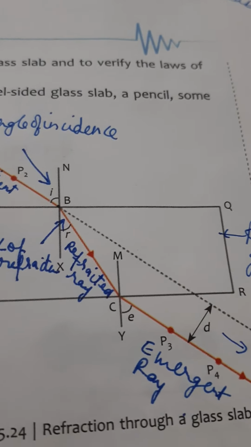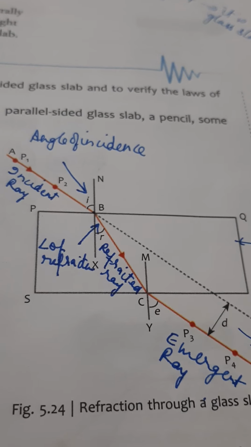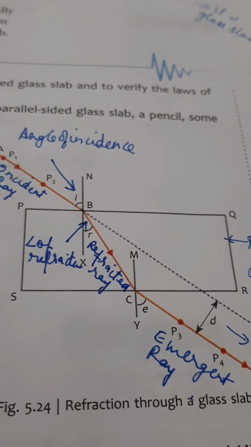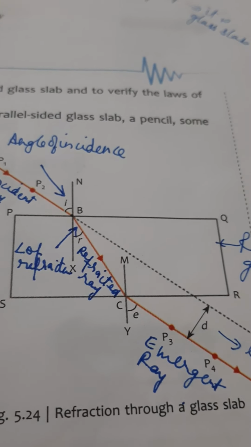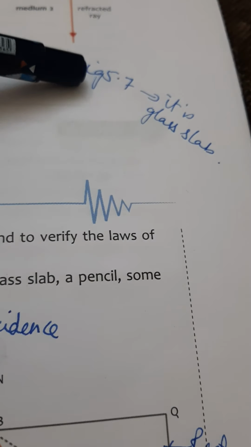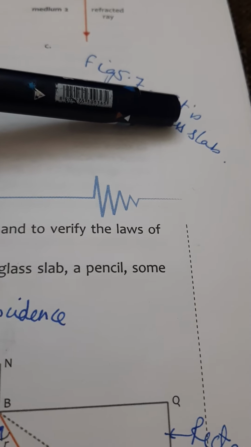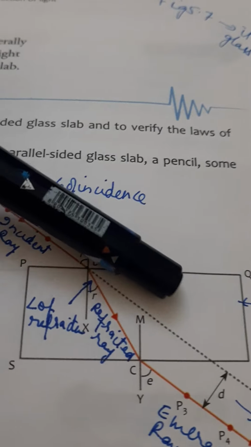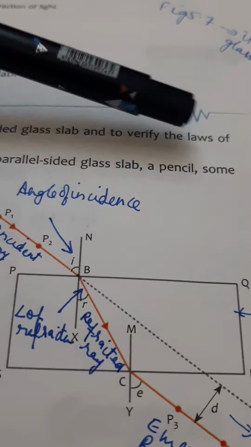That is a glass slab. So now we are going to study the refraction of light through the parallel sided glass slab. In your book, in figure 5.7, it is written glass prism. So I told you to cancel prism and write glass slab instead.